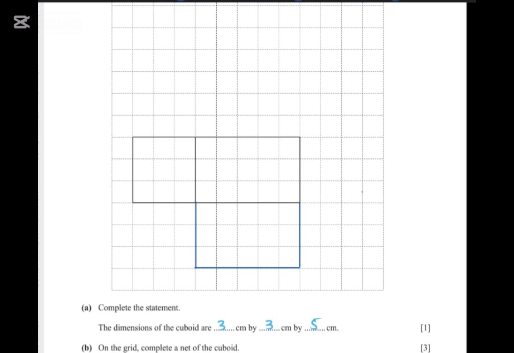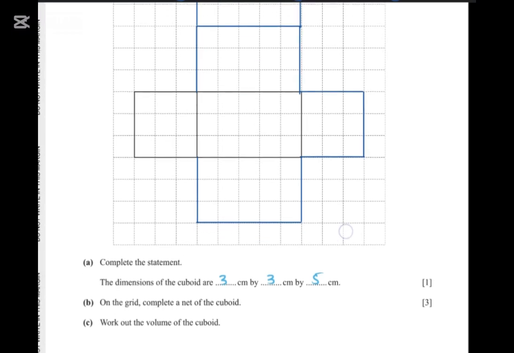In this cuboid the four faces which are together are the same, because two of the measurements are equal, 3 and 3. That's why you can draw the same rectangle on either side of this big rectangle. One more rectangle like this, and then the side one can be drawn the same way. So this is the net which is completed.